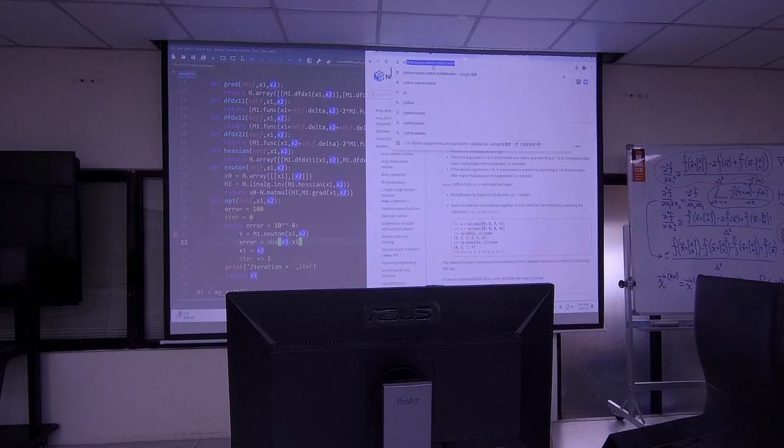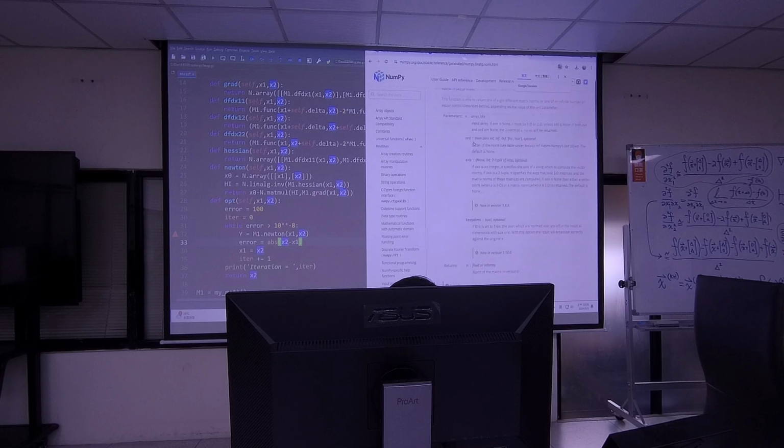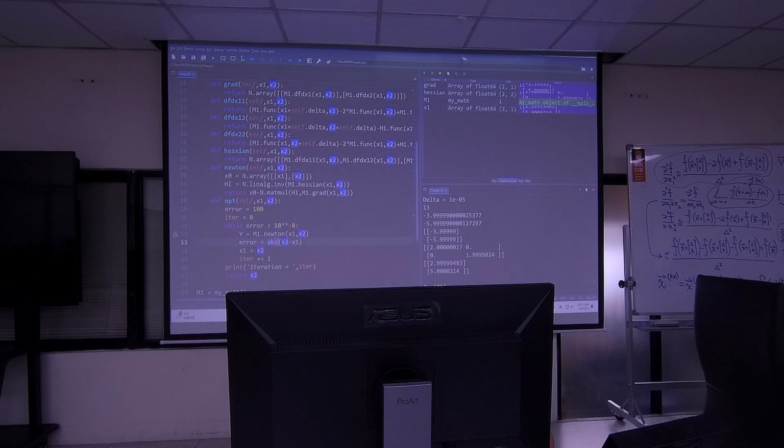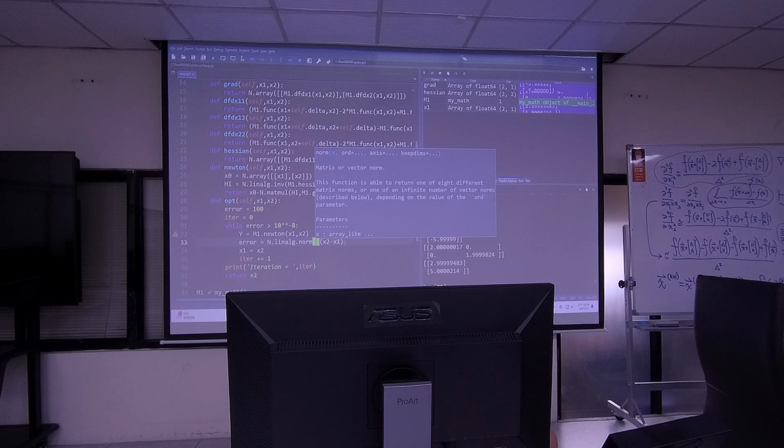So Python NumPy norm. Okay, norm, just a vector norm. Great. NumPy linear algebra dot norm. NumPy is so powerful; it has everything.